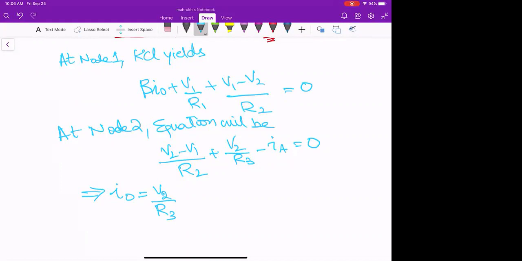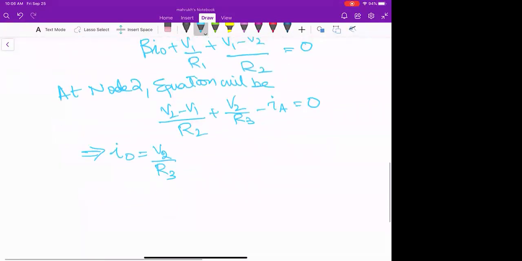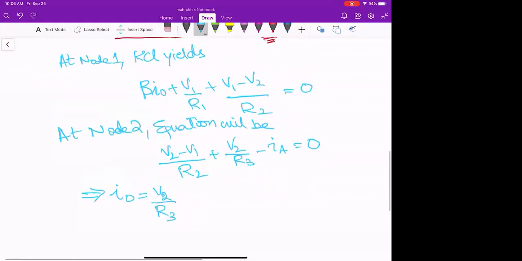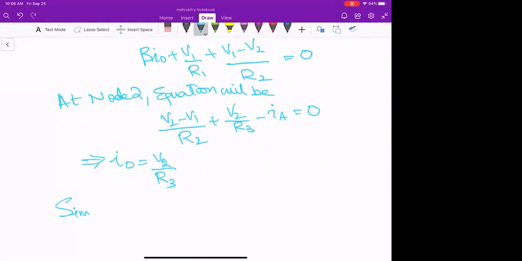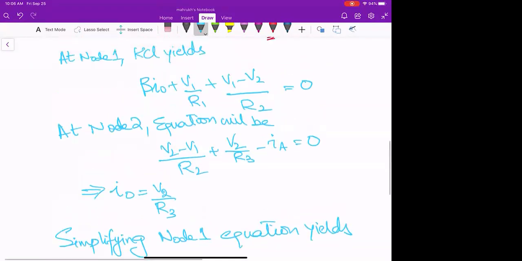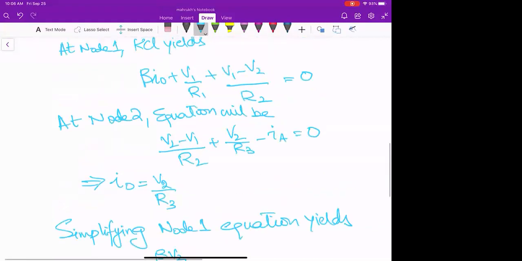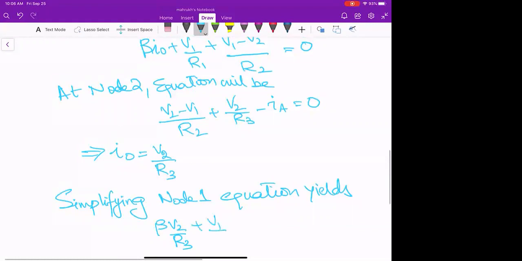Okay, so that yields beta V2 over R3 plus V1 over R1 plus V1 minus V2 over R2 is equal to 0.